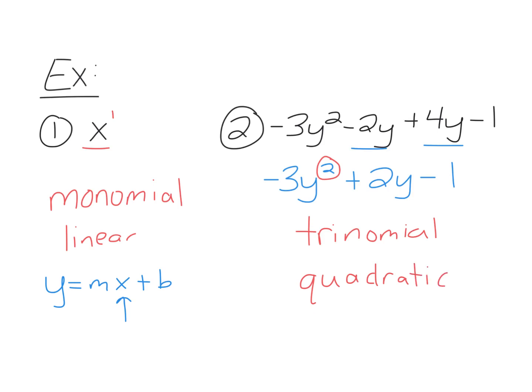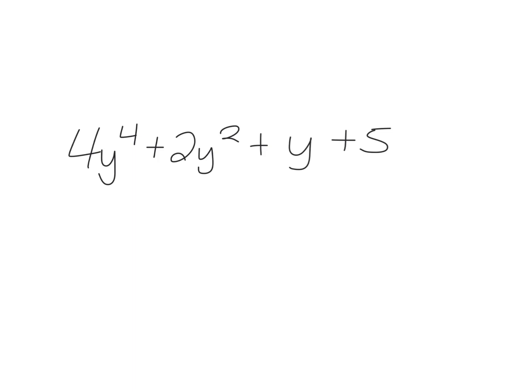Good. Now, let me ask you this real quick. If we had an example like 4y to the 4th plus 2y squared plus y plus 5, monomial, binomial, or trinomial? Or neither? How many terms do we have? 4, right?